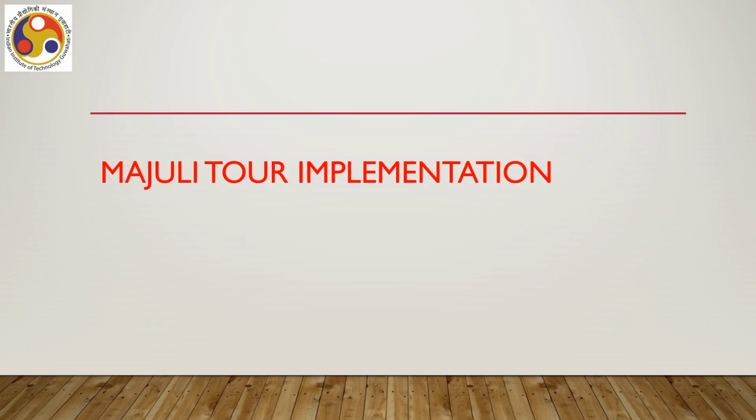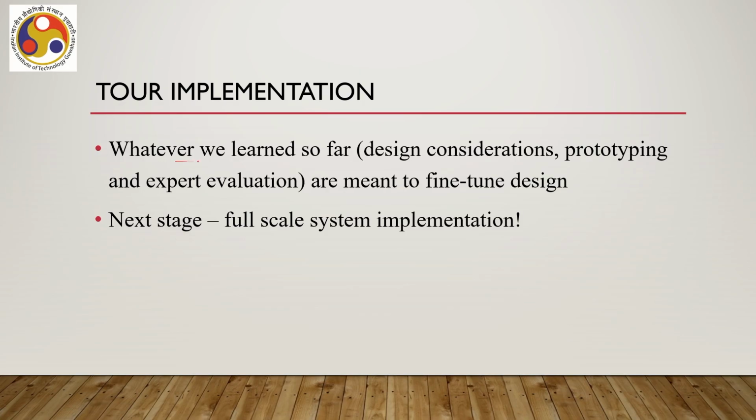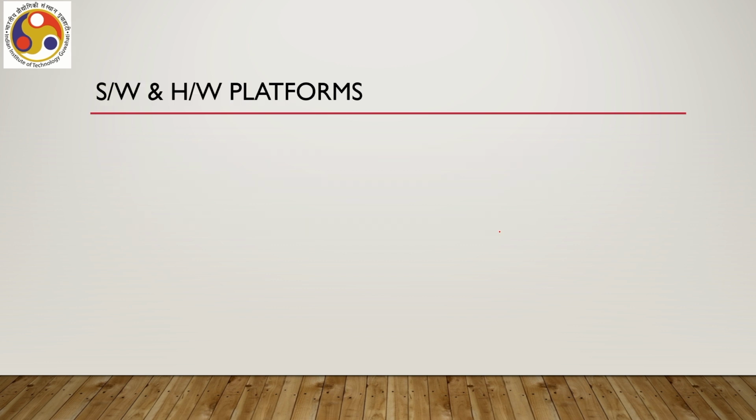Now, let us quickly move our focus to how we implemented these ideas in our case, that is the Majuli VR Tour. So, whatever we have learned so far, namely design considerations, prototype building and expert evaluations, are meant to fine tune the design. The next stage is full scale system implementation, and that implementation we are going to briefly talk about here in the case of Majuli.